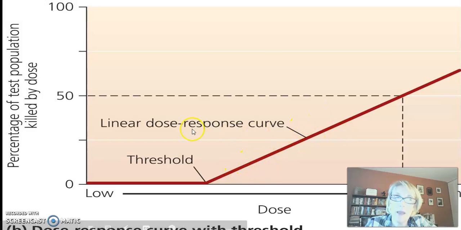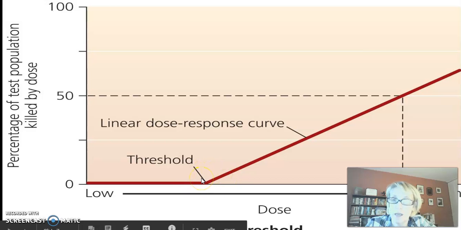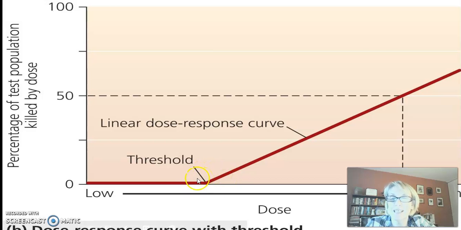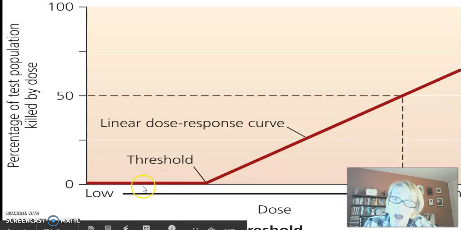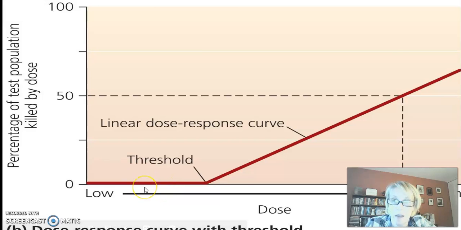So now we have the LD50, which you can still see over here, and you can also now identify a threshold dose. Now remember, this is just whether we can see it or not. It doesn't necessarily mean that nothing's happening down here, but at least given our testing procedure, we are not seeing any effect. Does that make sense?